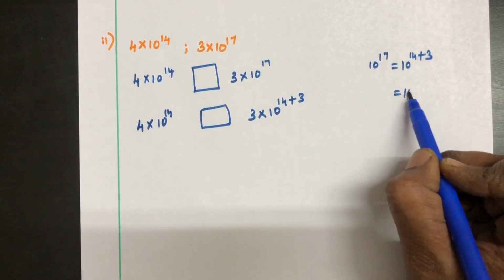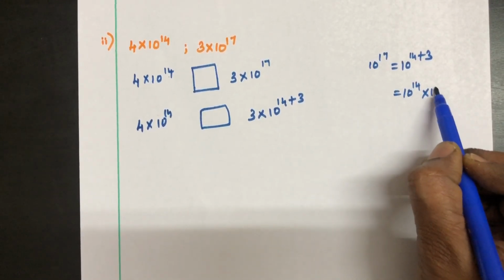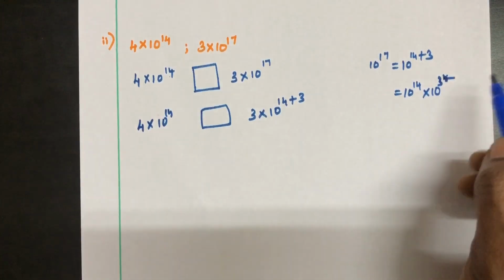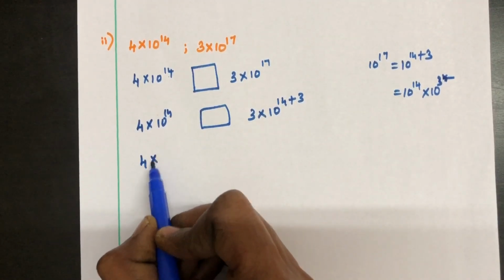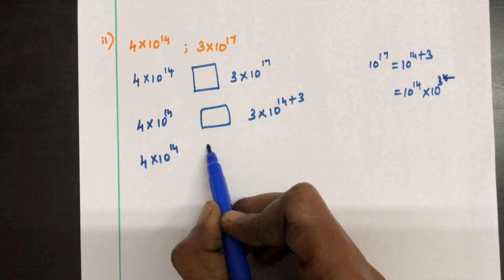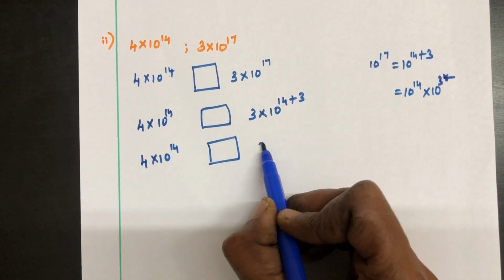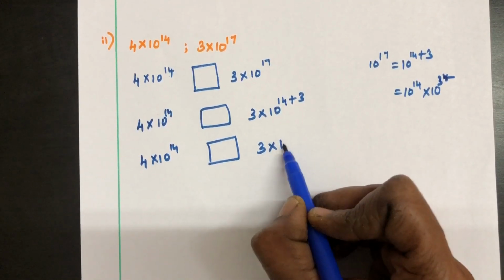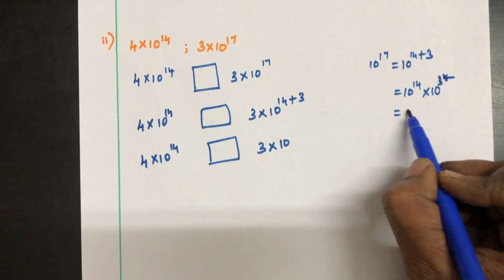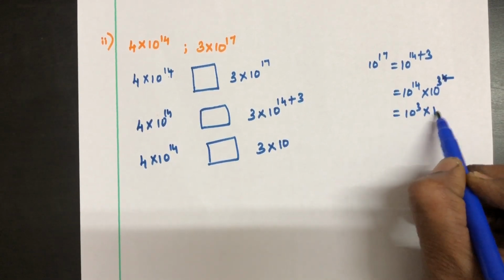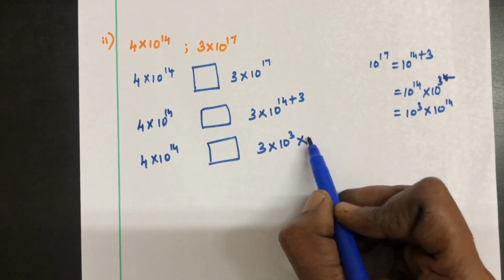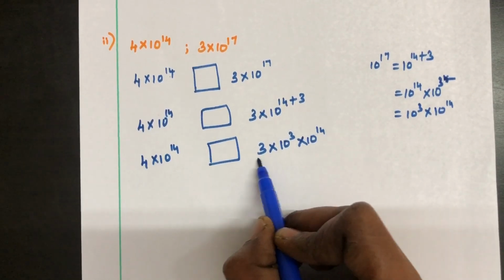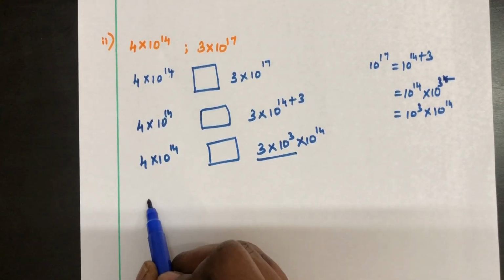So this is 10 power 14 into 10 power 3, right? So 4 into 10 power 14 we are going to compare with 3 into 10 cube, or we can also write it as 10 cube into 10 power 14. Now combine these two.